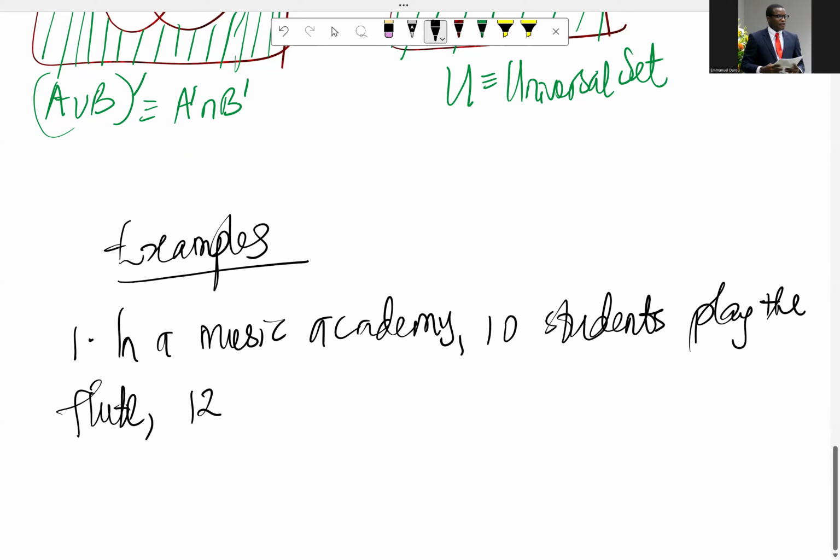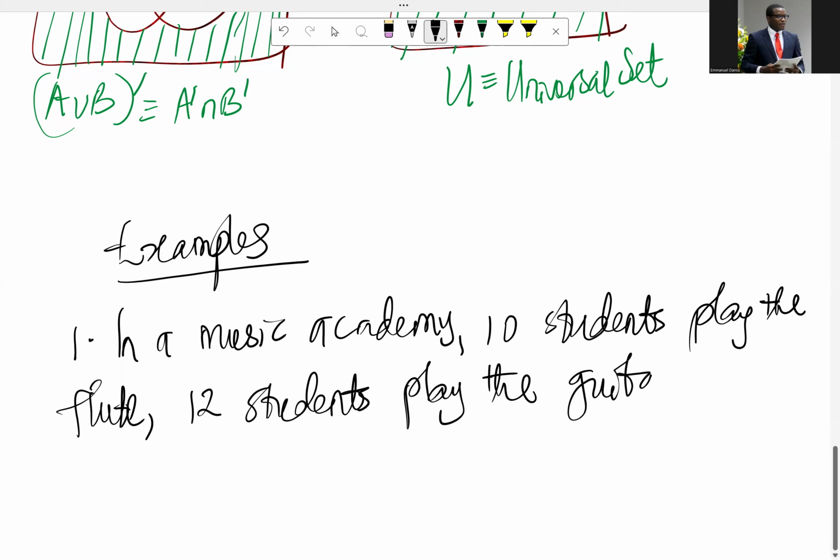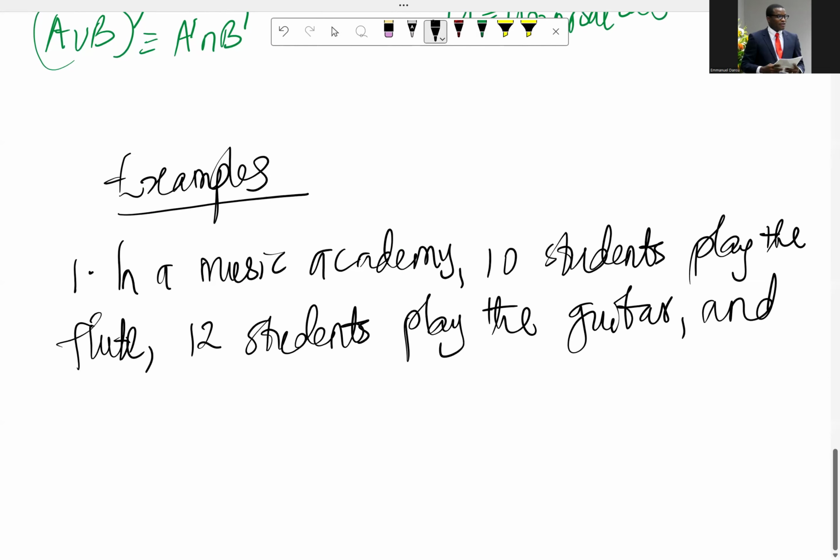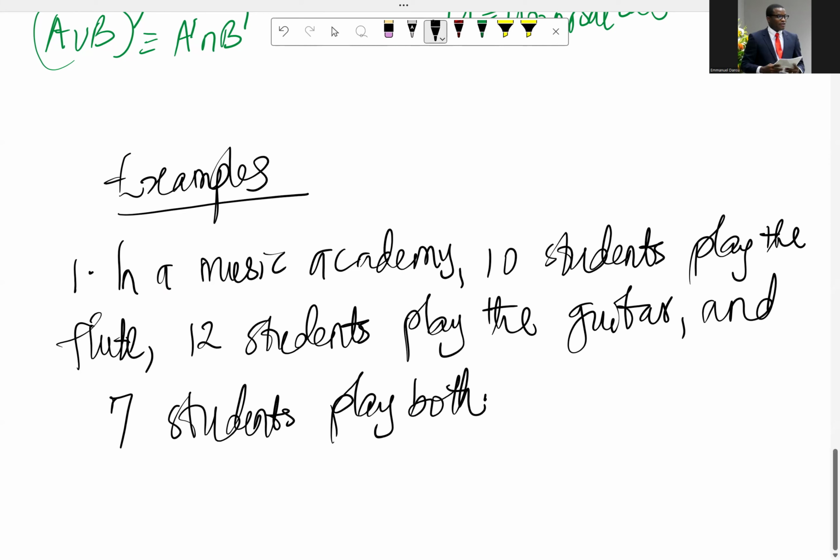Then 12 students play the guitar, and 7 students play both.